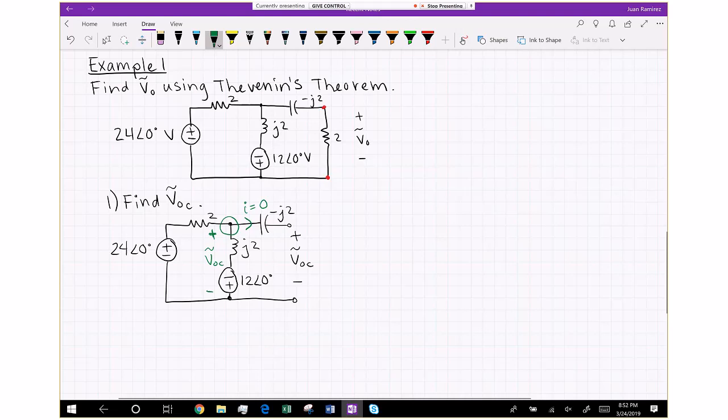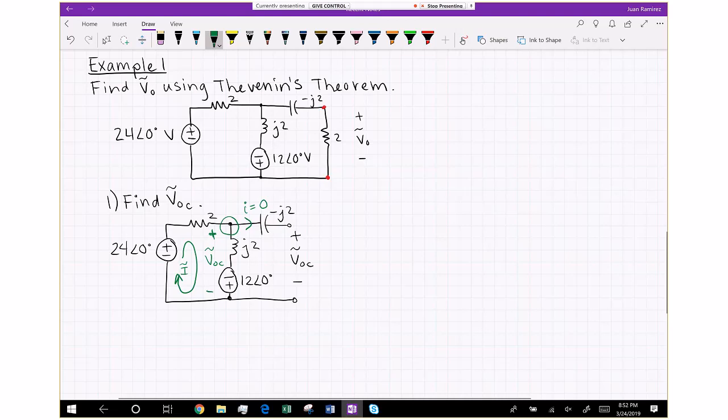The only other thing I noticed is that because no current flows through that capacitor, all the current has to flow in a loop like this. I'll call that big I, the loop current.